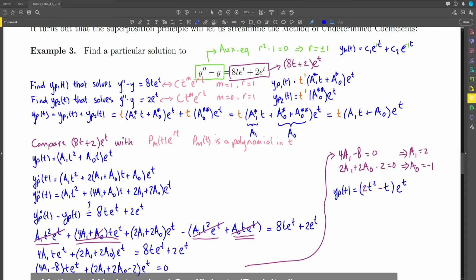And that's our final answer for the particular solution to this differential equation.